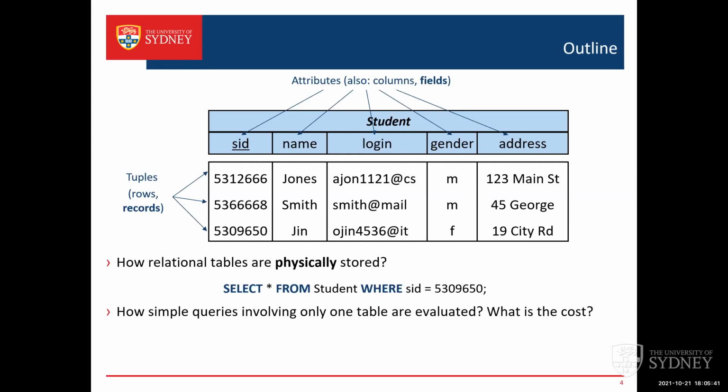How much cost do we need to evaluate such a query? We'll keep our focus only on one table when we are writing a query on one table. At that time, what will be the cost? So first we need to define what is the cost, what is the meaning of cost, and then we will try to figure that out.